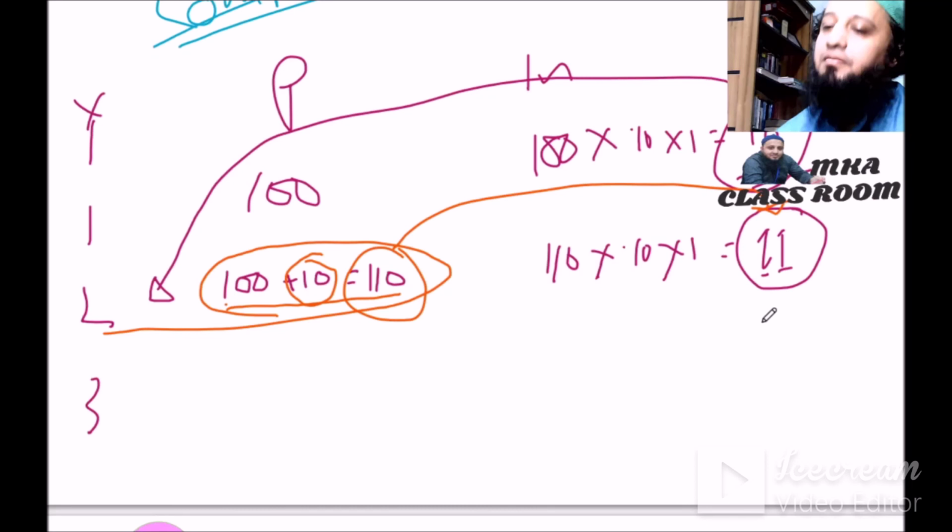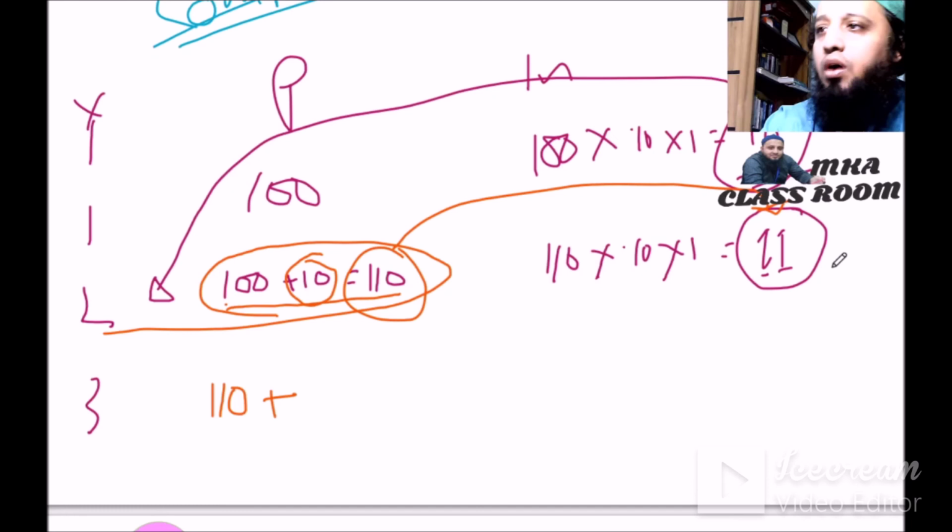So now we will see the third year. Our previous principal was 110 taka, and our new interest is 11 taka.